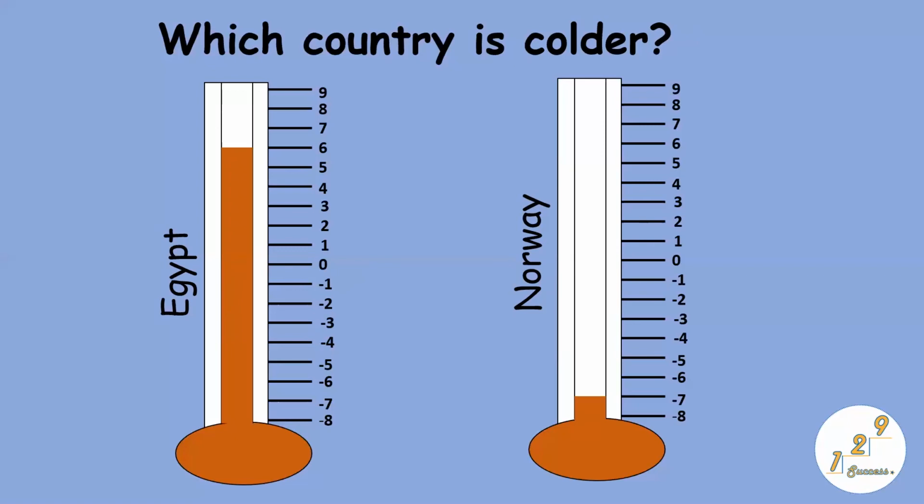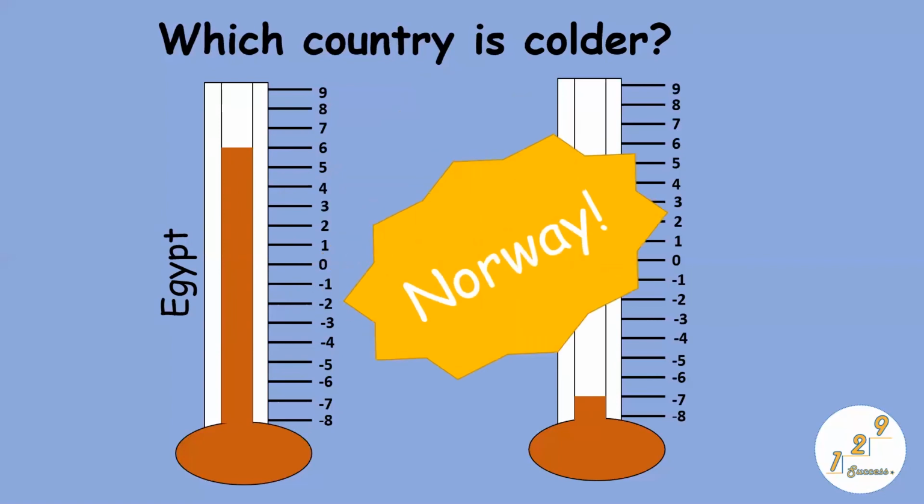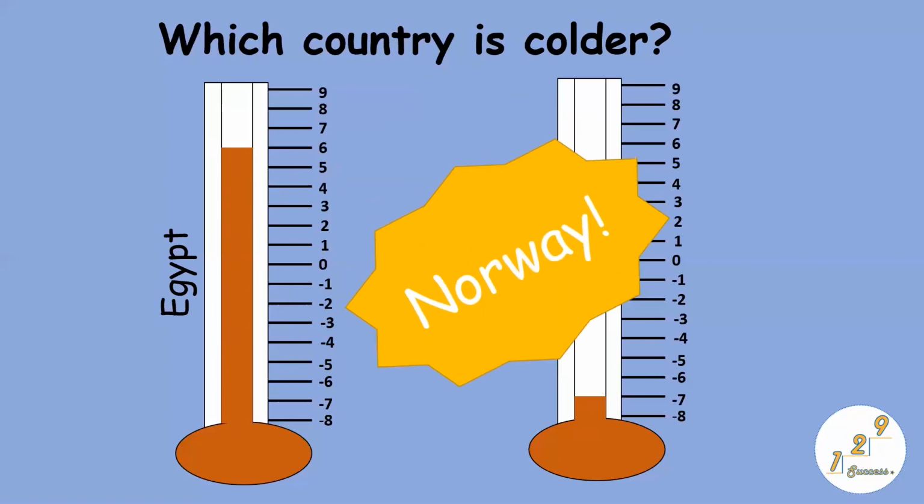Okay, so our answer is Norway, and this is because Norway is -7 and Egypt is 6 degrees, and 6 degrees is way warmer than -7 because -7 is so much cooler. Look, we're going to go 1, 2, 3, 4, 5, 6, 7, 8, 9, 10, 11, 12, 13 degrees colder in Norway than it is in Egypt. That's very cold.